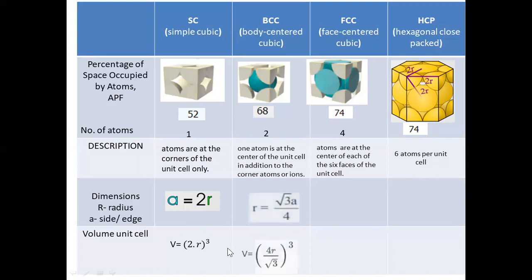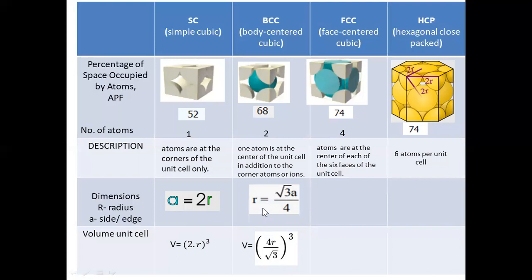And for BCC, we have the radius in terms of a as r = (square root of 3 over 4) a. The volume is equal to a cubed. In terms of r, a is equal to 4r over the square root of 3.